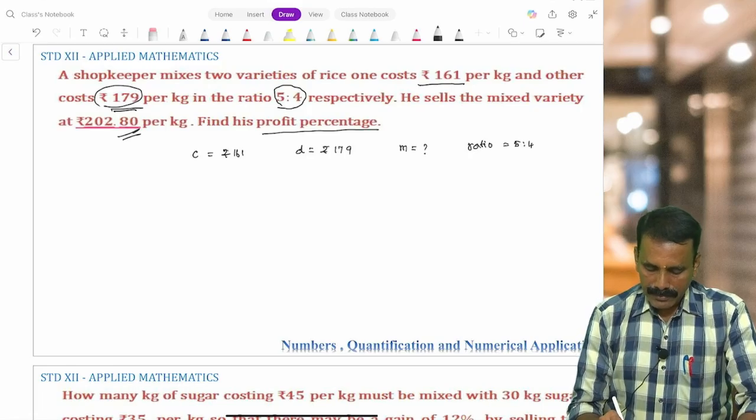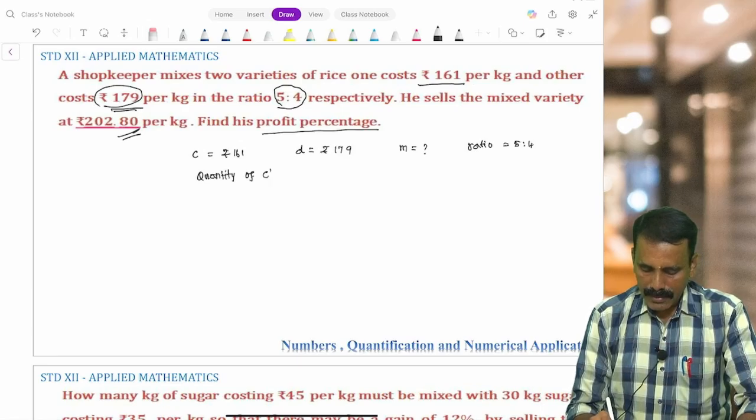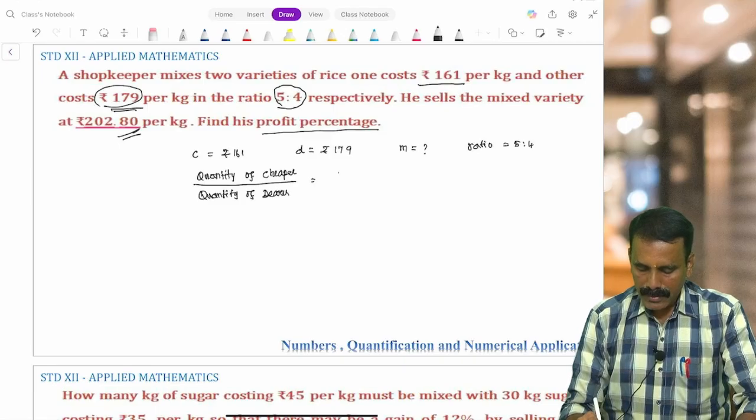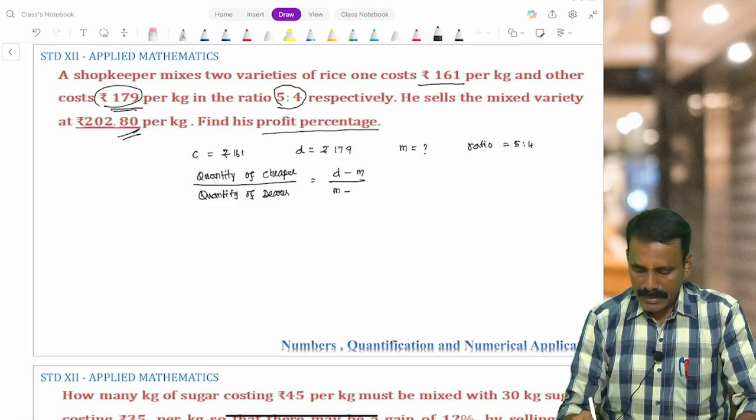So we write the formula. Quantity of cheaper ingredient divided by quantity of dearer is equal to dearer minus mixture divided by mixture price minus cheaper ingredient price.